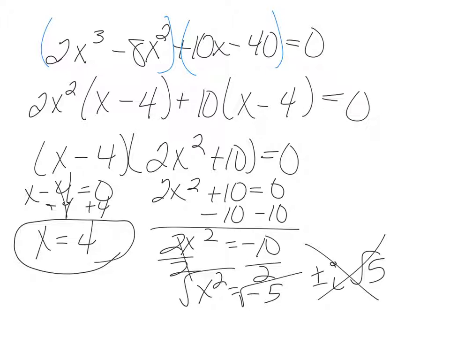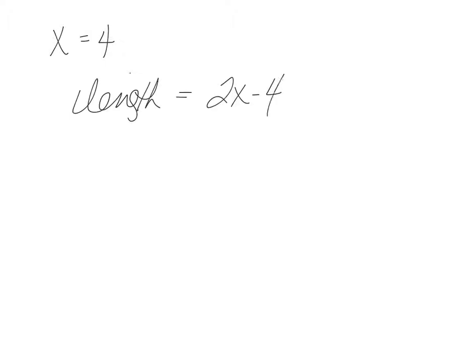So the basin, x equals 4. So the basin, its length, goodness, I can't spell length. Length was, from the beginning, 2x minus 4. So that's going to be 8 minus 4, so just 4.